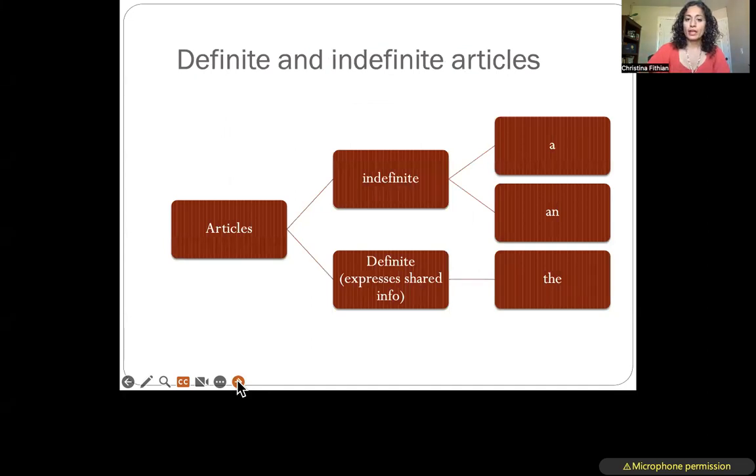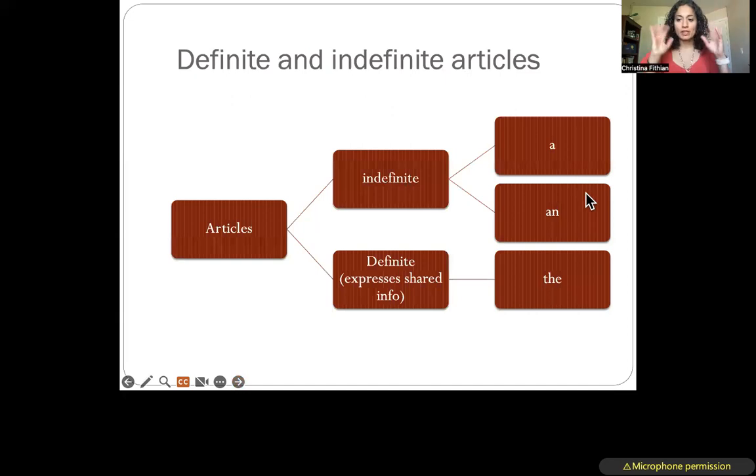So let's look at now definite and indefinite articles. So this is our first group of determiners, definite and indefinite articles. So with articles, we have 2 types. We have definite and indefinite. Now, indefinite articles, these are a and in some phonological contexts, an.